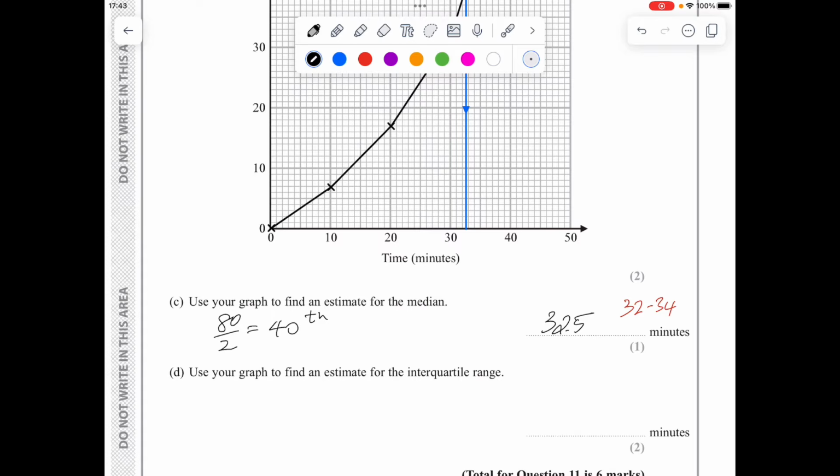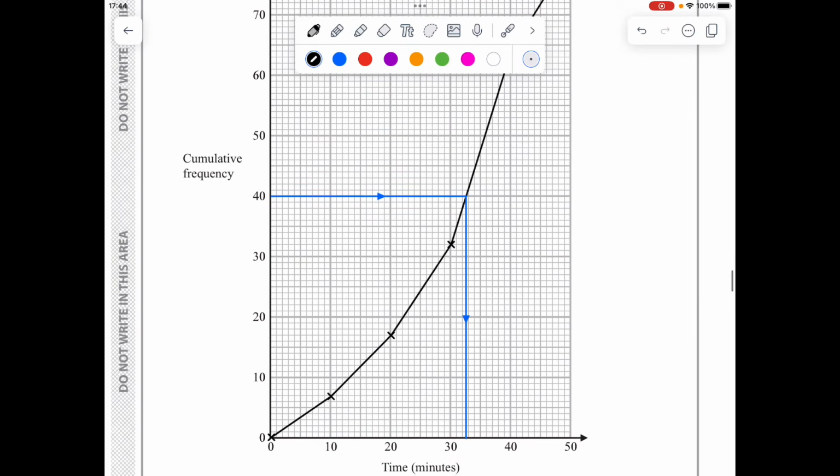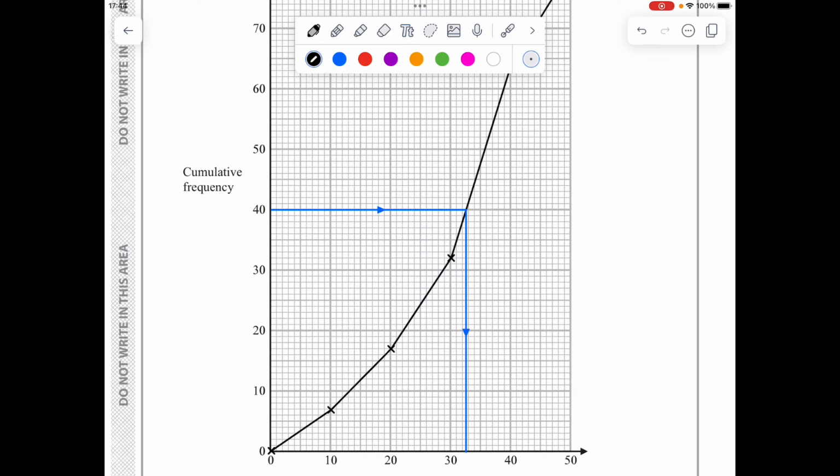For the interquartile range, I'll first find Q1. A quarter of 80 is equal to 20, so I'll need the 20th observation. And Q3 is equal to 3/4 of 80, which gives me 60, so I'll need the 60th observation. So I will work in a similar way as I did with the median, but instead of finding the x value for 40, I'll find the x values that correspond to a cumulative frequency of 20 and 60.